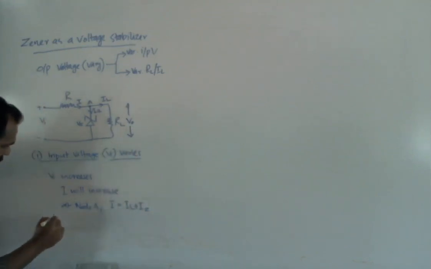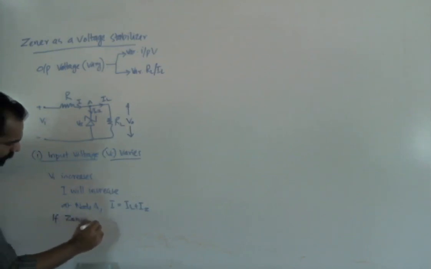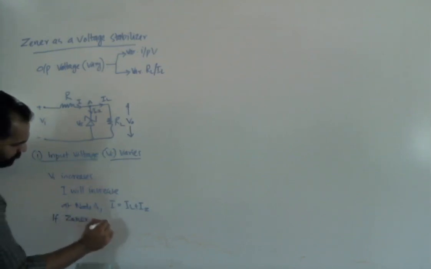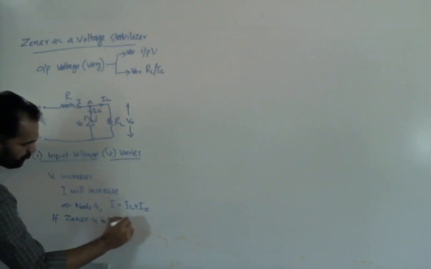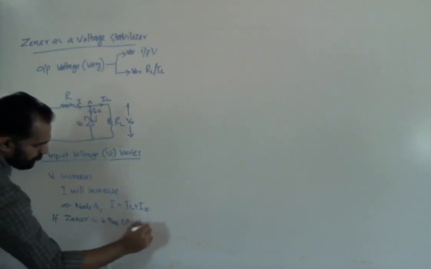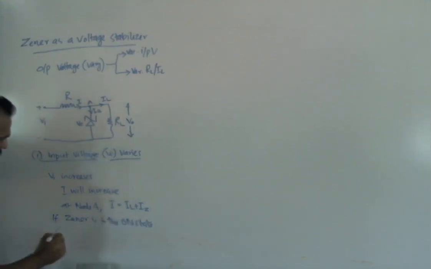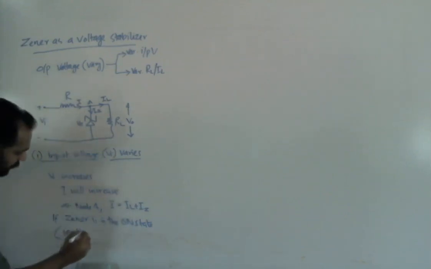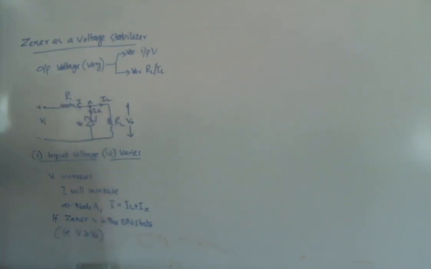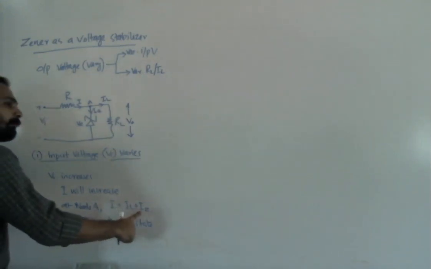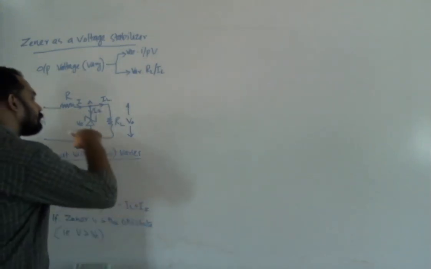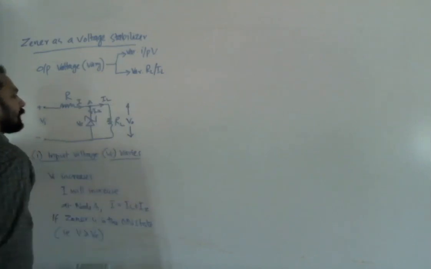But if the Zener is in the on state, that is, the voltage across the Zener is greater than or equal to the Zener voltage, then any amount of current can flow through the Zener diode.